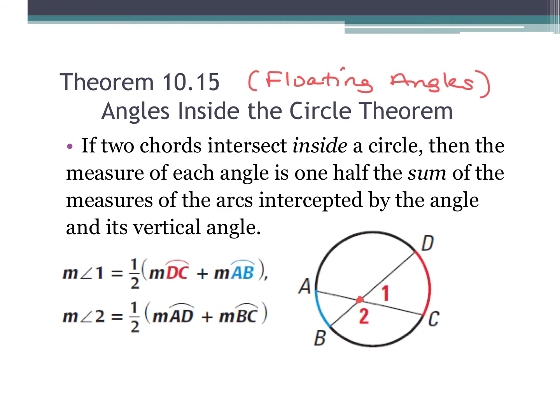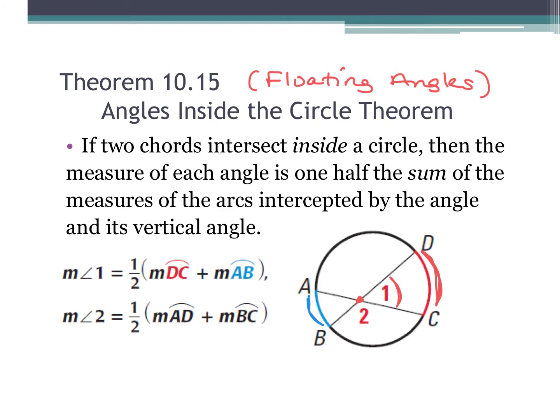So for the measure of this floating angle, you're going to take its 2 arcs, add them, and then multiply by 1/2 or divide by 2. For example, to find the measure of angle 1, I'm going to take this intercepted arc and then the intercepted arc of the vertical angle, add them, divide by 2.